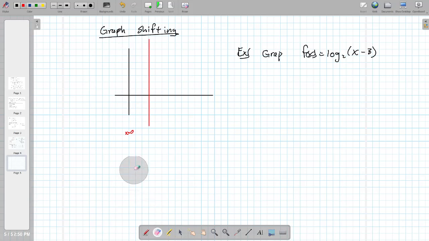So this becomes now x is equal to 3. This is our vertical asymptote for this particular log function. And then to graph it, we graph it just like any other log. Right? We move all of the points that were over here to over here now. We would end up crossing at 4, 0. And we get something like this.